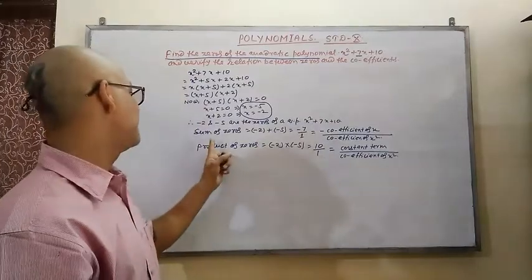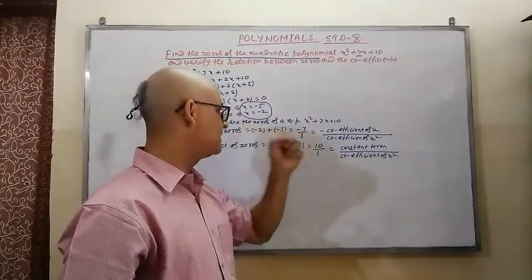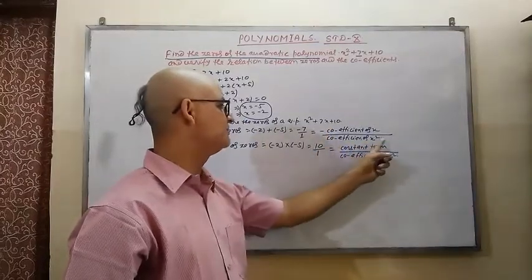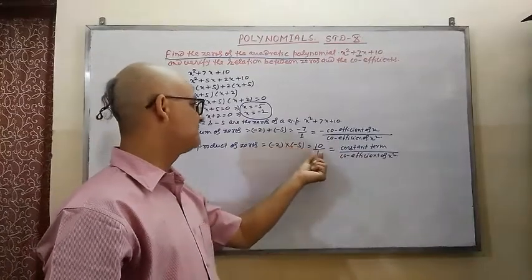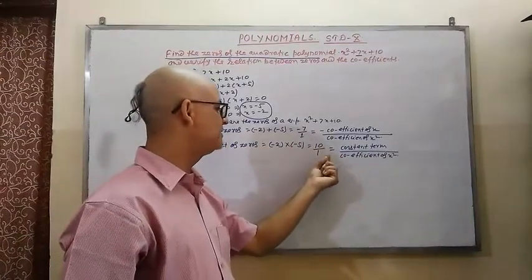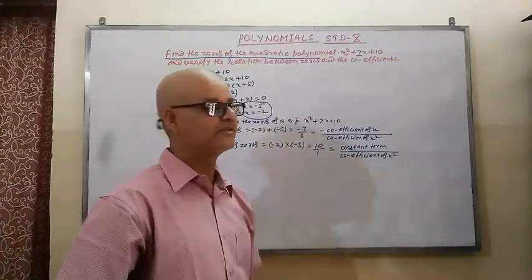So it is verified. Sum of zeros is minus 7 by 1, which can be written as minus coefficient of x by coefficient of x square. Product of zeros, minus 2 into minus 5, is 10, that is 10 by 1, which can be written as constant term divided by coefficient of x square.